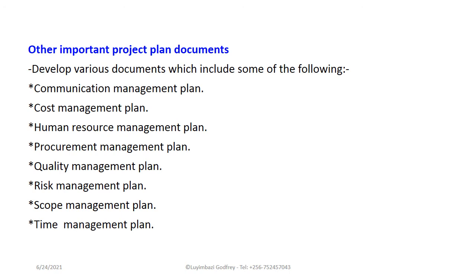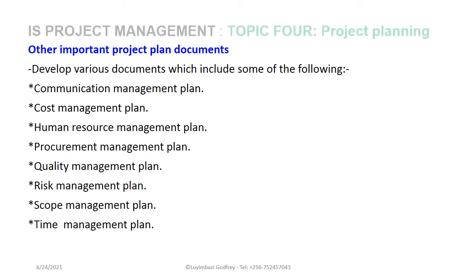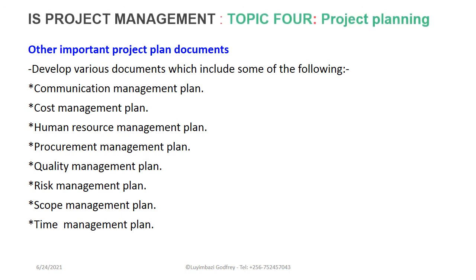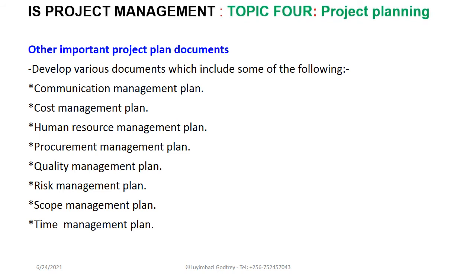Other important project plan documents include some of the following: the communication management plan, the cost management plan, the human resource management plan, the procurement management plan, the quality management plan, the risk management plan, the scope management plan, and the time management plan. These plans will be discussed briefly in the subsequent slides.